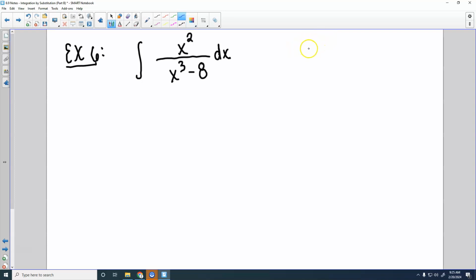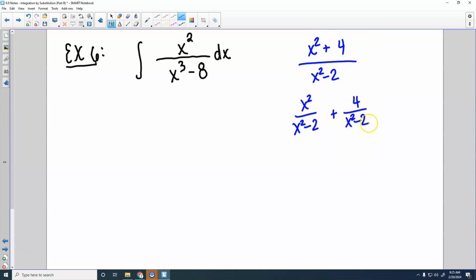Like, for example, if I had x squared plus 4 over x squared minus 2, I could write it as x squared over x squared minus 2 plus 4 over x squared minus 2. Like, you could do a love connection like this, but you can't split up that denominator there.